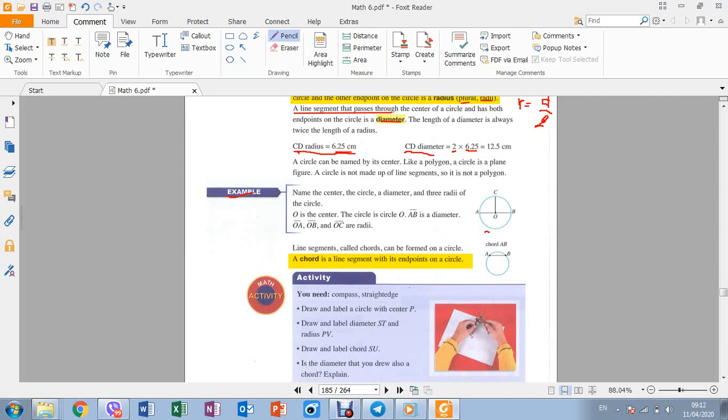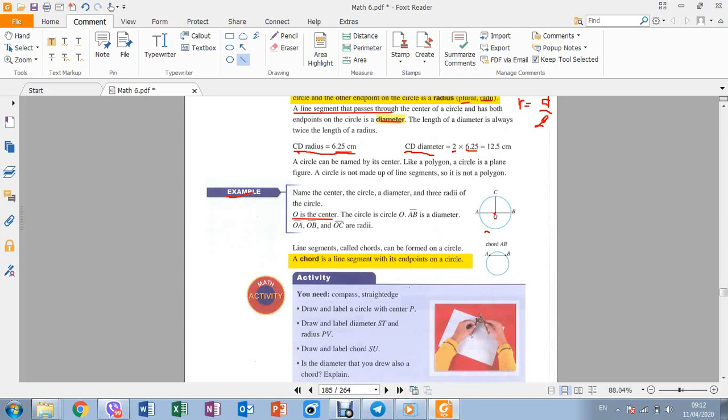The center point is point O. So O is the center, because the point O is at the center. After that, it asks for the circle. The circle is named circle O by the middle point O.